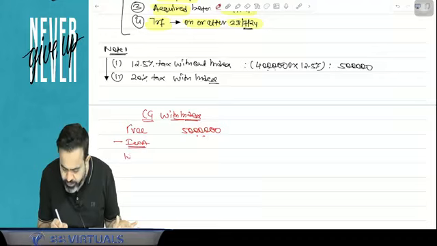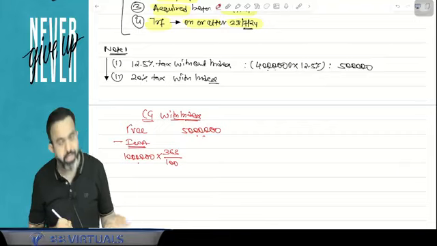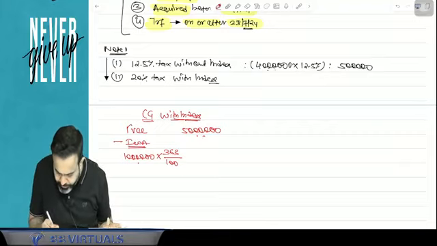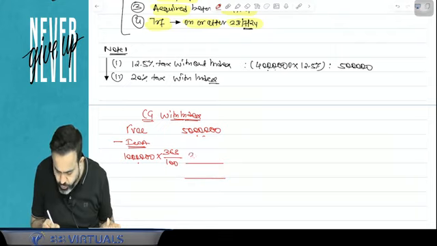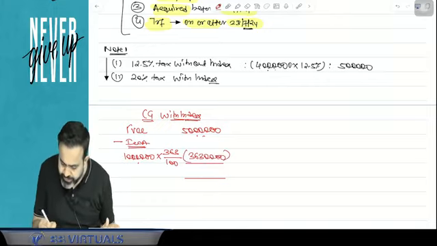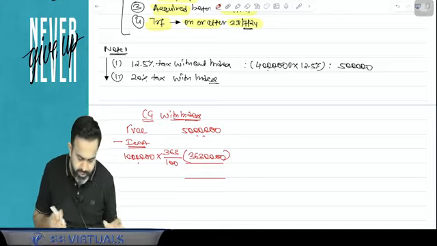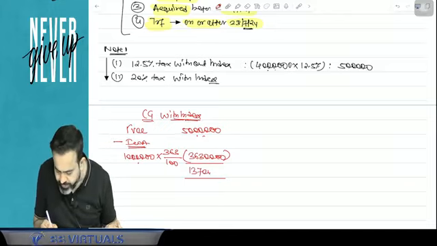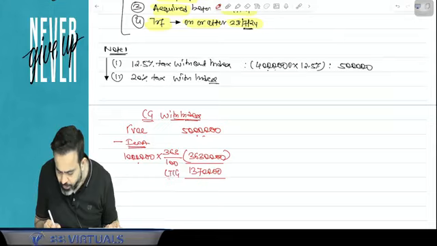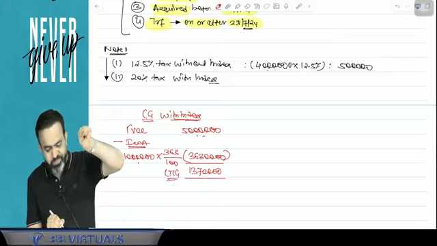Index cost of acquisition: 10 lakh rupees was your cost, multiplied by 363, the current year index, over 100, the base index. So your index cost of acquisition is 36 lakh 30,000. Now 50 lakh minus 36 lakh 30,000, the remaining comes to 13 lakh 70,000. This is your long-term capital gain with indexation.